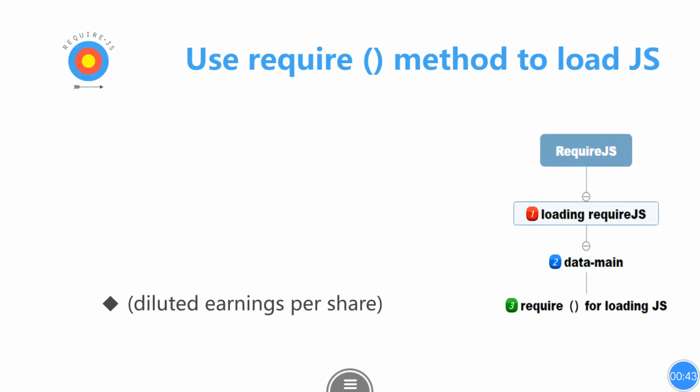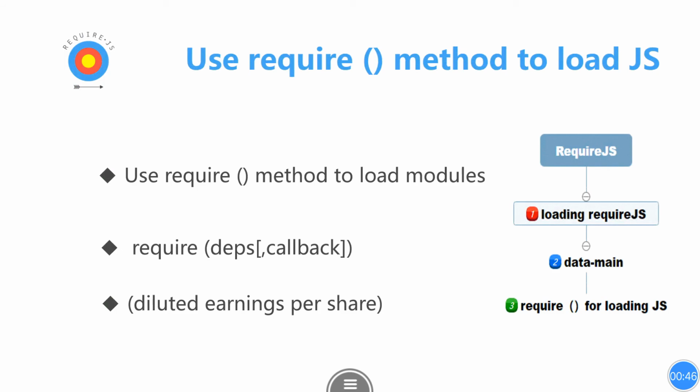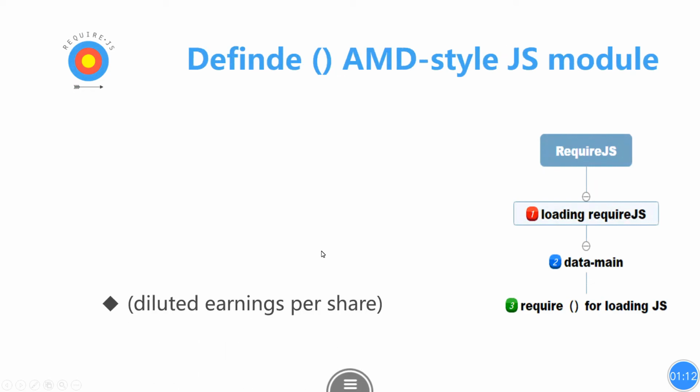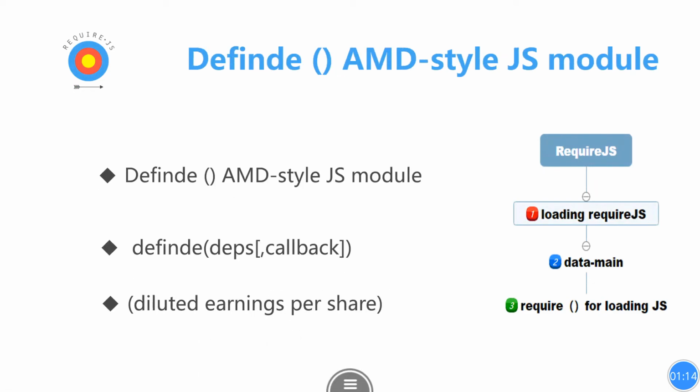Require is loading JS. In the last lesson, we studied step 3, require, and we learned about the dependencies, your JS files, and the callback. In this lesson we also study the new define. How dependencies and callback work is the same.